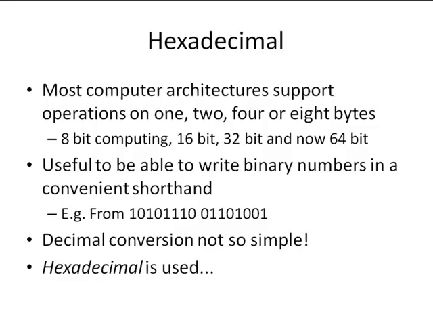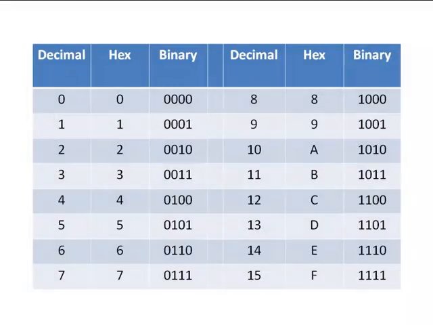We could convert all our binary digits to decimal and back, but the conversion isn't an automatic process. We can certainly do it, but it's not the most simple conversion. And so what is used instead is something called hexadecimal. So hexadecimal is a numbering system that has 16 different digits from 0 through to 15.